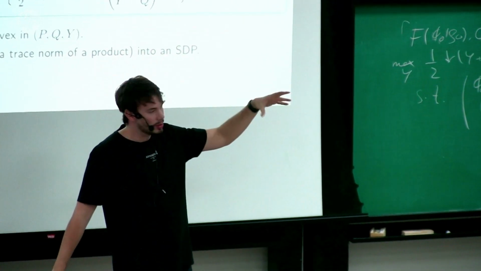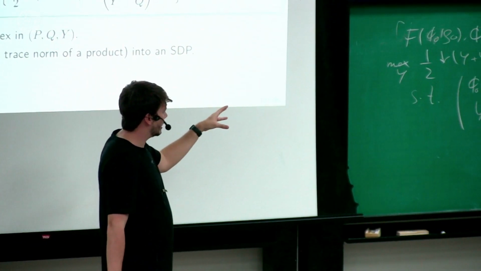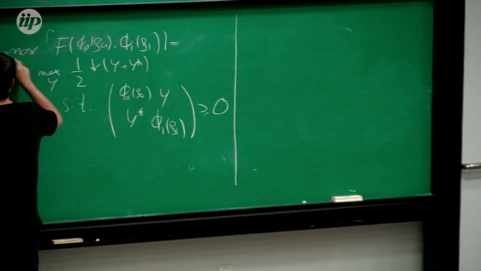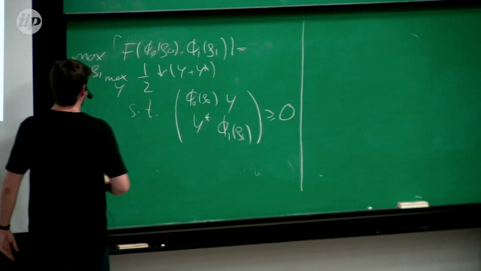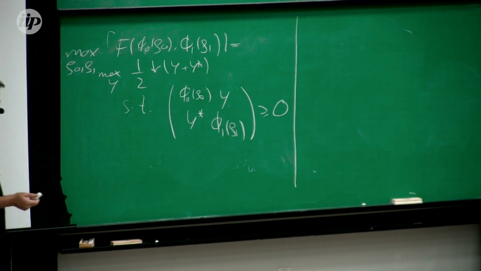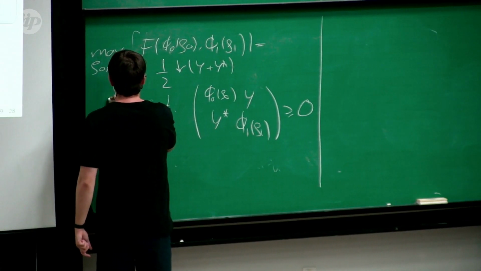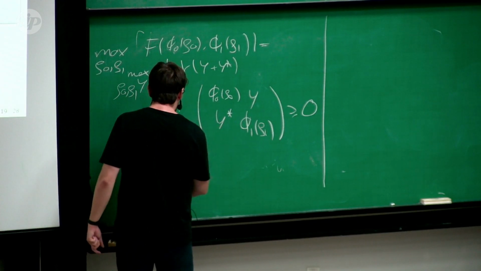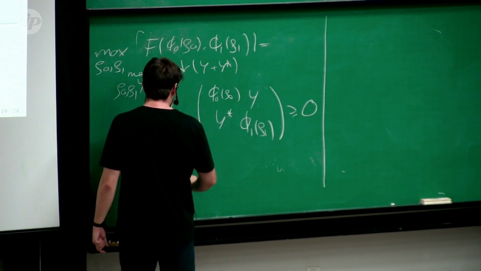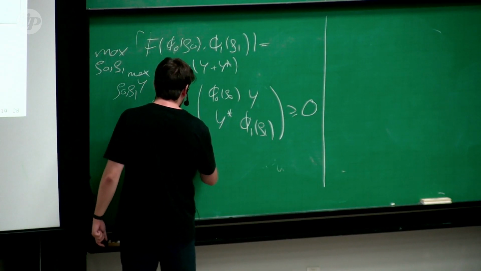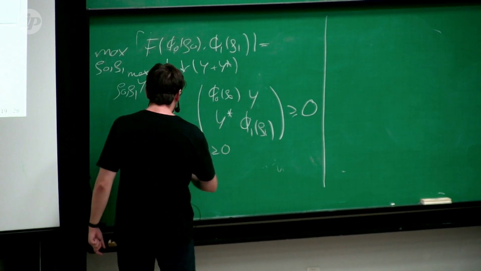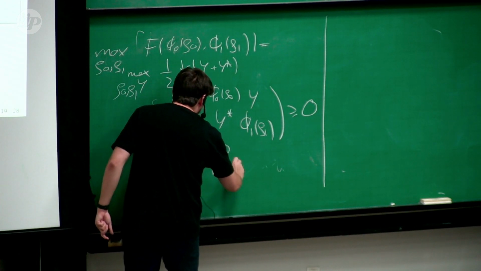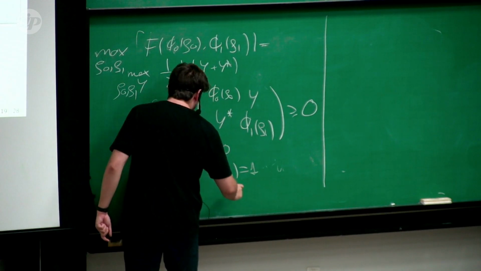The nice part of all of this is that if we, in addition, also optimize over row 0 and row 1, so now we have here row 0, row 1, all we need to do is add the constraints that row 0 is positive, row 1 is positive, trace of row 0 is 1, trace of row 1 is 1.